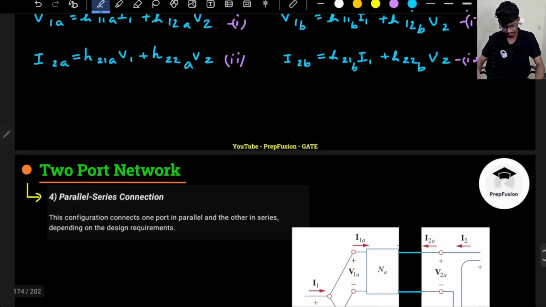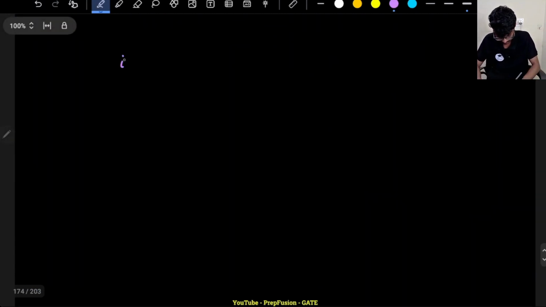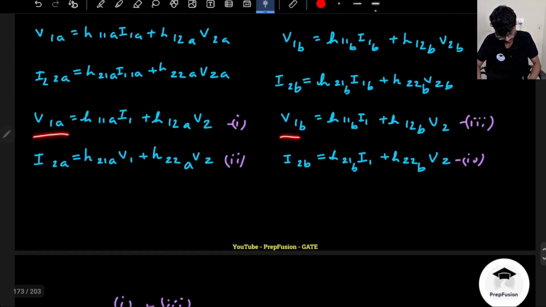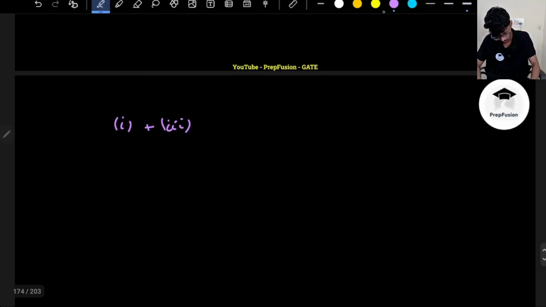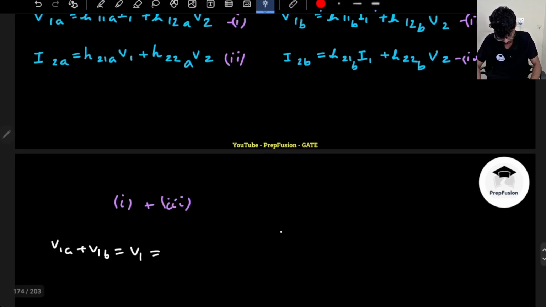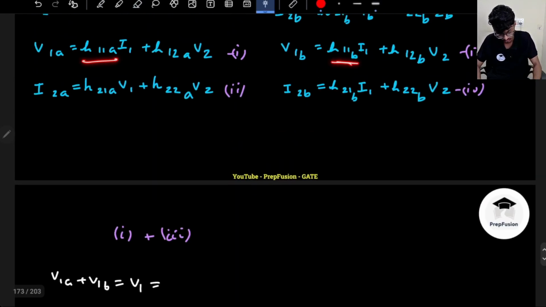Now what you do, same condition, right? Same thing, I will just add the two. If I add 1 and 3, basically V1A plus V1B, what is V1A plus V1B? It is V1 only. So V1A plus V1B, that is V1 only, that is equals to the summation of H11A plus H11B.